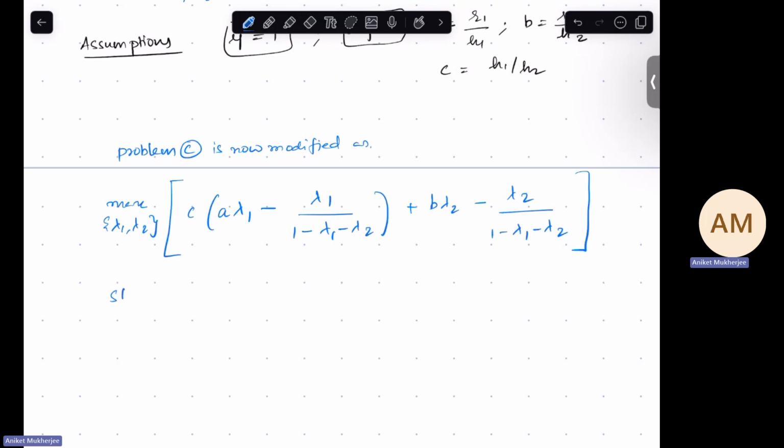Okay. The constraint still remains lambda 1 plus lambda 2, but now it is less than 1, and lambda 1 and lambda 2 are greater than or equal to 0.